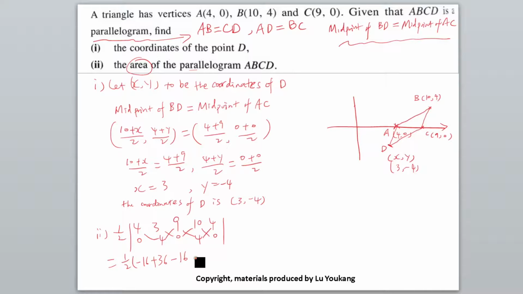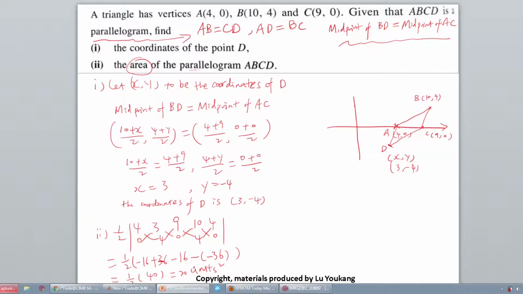And from the right side to the left side, you have to minus off the summation of them. So therefore you get 4 times 4 equals plus 16, because it's from right to left, therefore minus 16 minus 10 times 0 minus 36. Therefore you get half 40. Therefore you get 20 unit square.